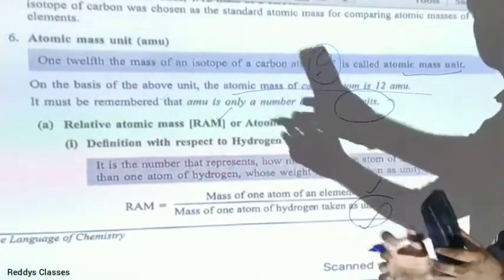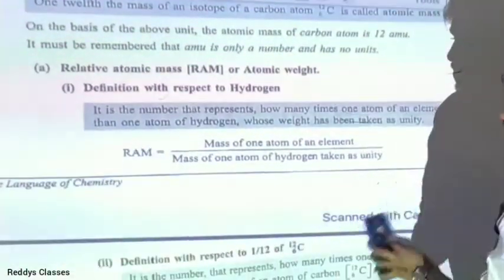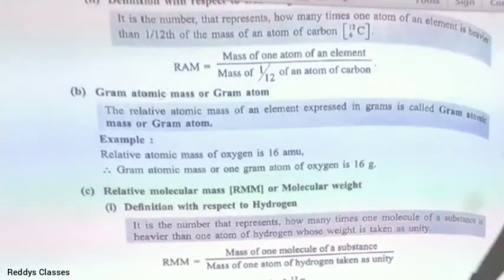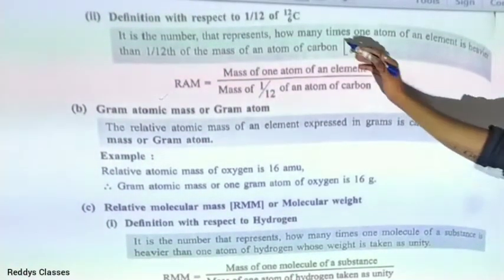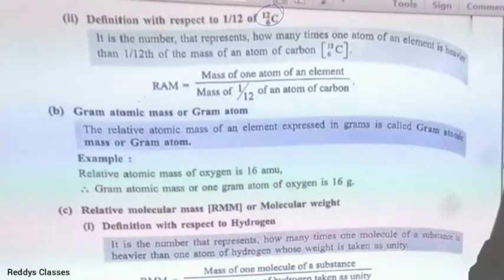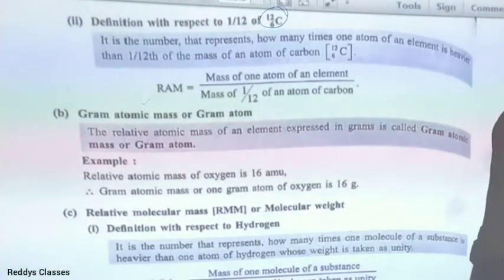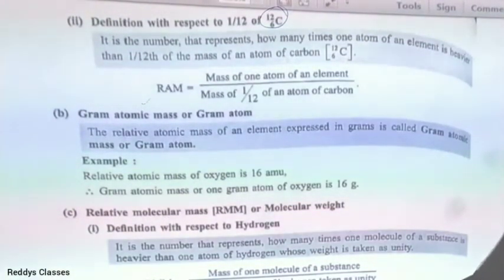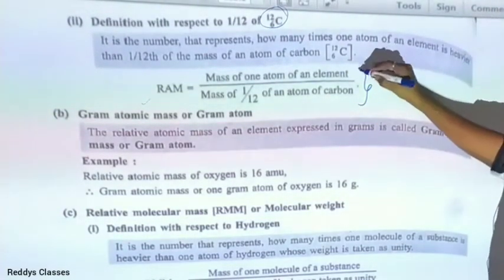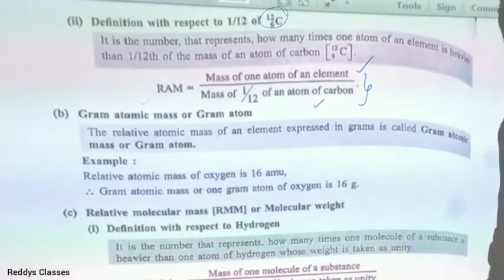Okay, now the second definition, with respect to 1/12 of carbon: the number that represents how many times one atom of an element is heavier than 1/12 of the mass of an atom of carbon. We use this formula: RAM is equal to the mass of one atom of an element upon the mass of 1/12 of an atom of carbon.